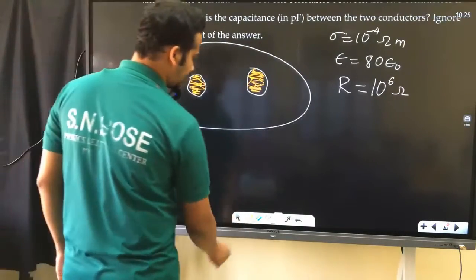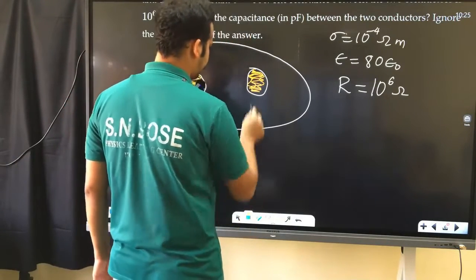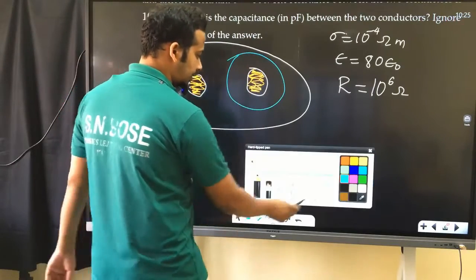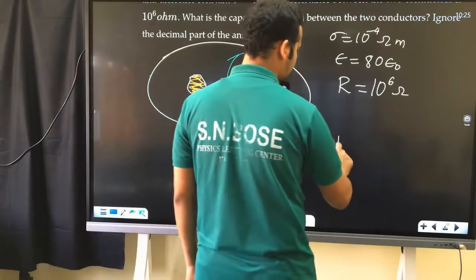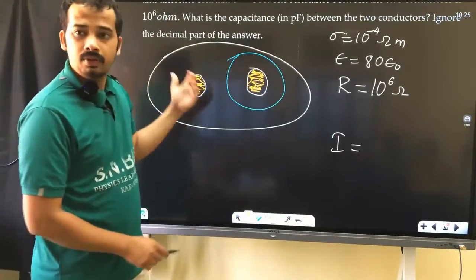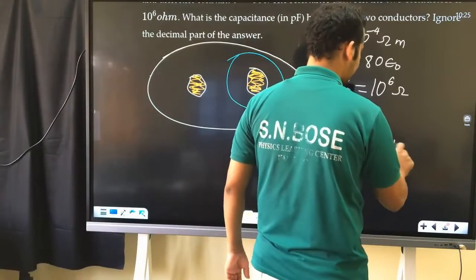As I remember, the approach was like this. We take one Gaussian surface around one of them. What we need to basically do is find the current flowing from one conductor to the other. That current is nothing but the integral of J dot dA.